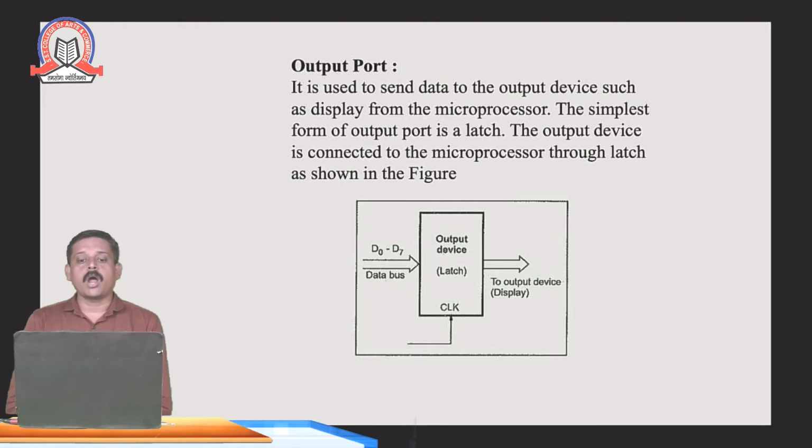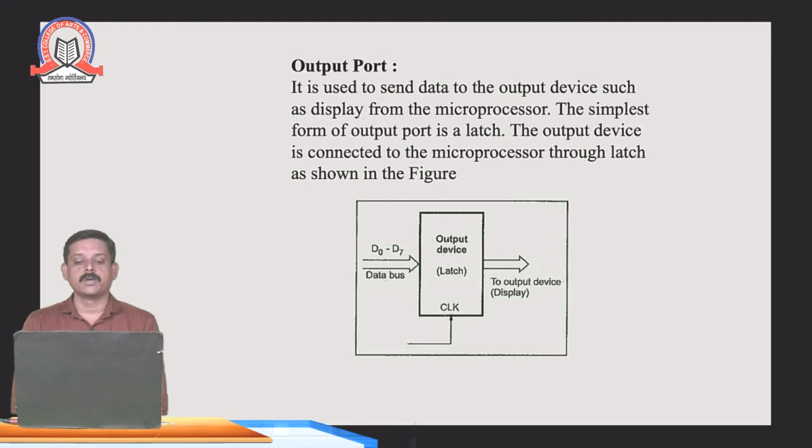Similarly, for output devices such as a monitor or printer, the output port is used to send data from the microprocessor to the output device such as a display. The simplest form of output port is a latch, and the output device is connected to the microprocessor through a latch, as shown in the figure.